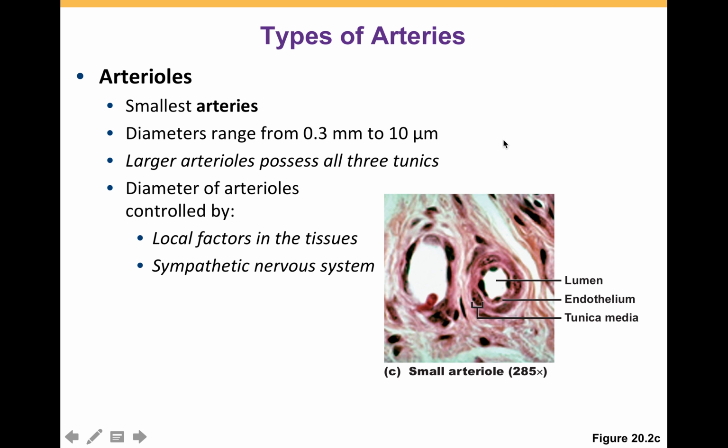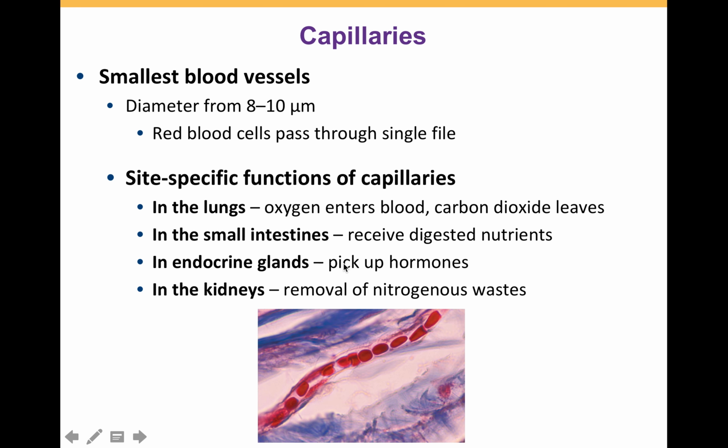Now again, as we continue branching, we reach arterioles. So we had elastic arteries, we had distributing or muscular arteries, and now we're down to arterioles.